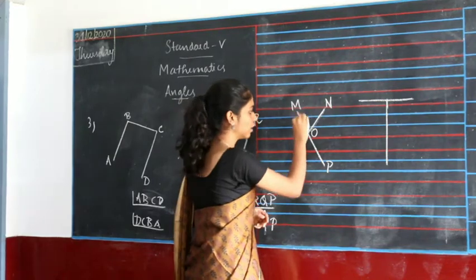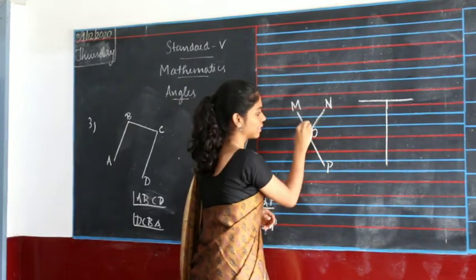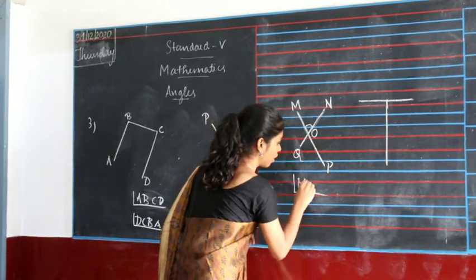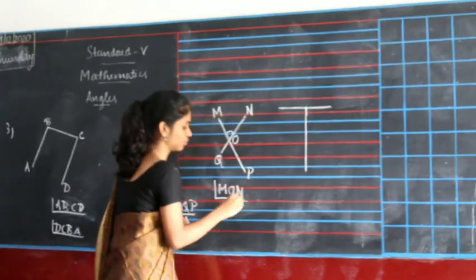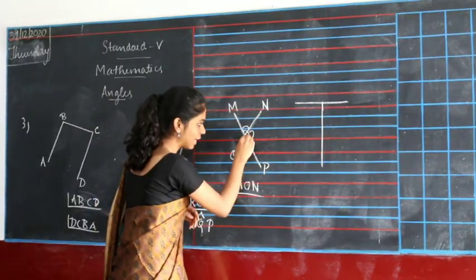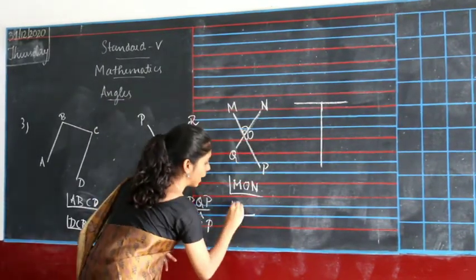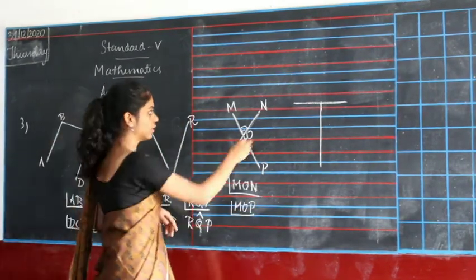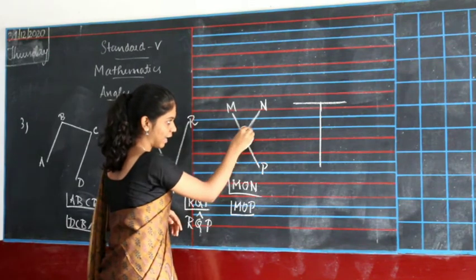So if you see here you can see there is an angle. So we can write M, O, N. Next, this straight line also makes an angle. So M, O and P. Right. Next, this line also makes an angle here.